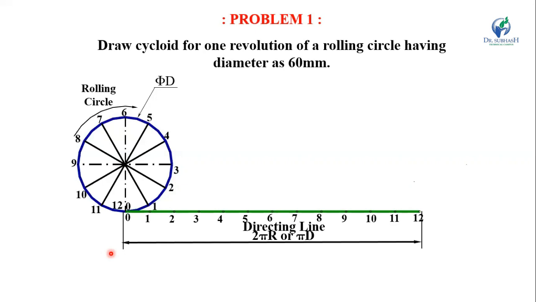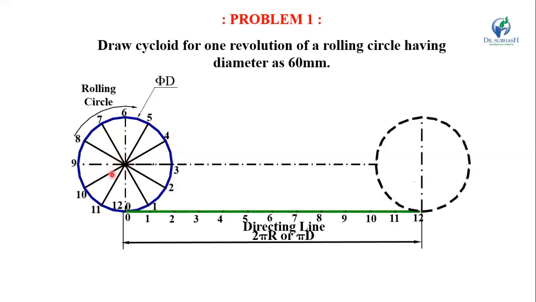Now this point is the center of the circle, and initially the center is C0. After one complete revolution, this circle will reach this point. So this is the center line. Now we have to divide the center line into 12 parts: C0, then C1, C2, C3, C4 up to C12.